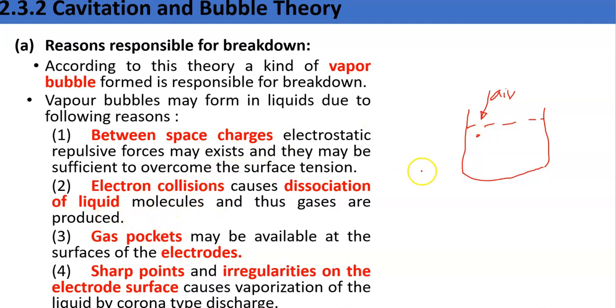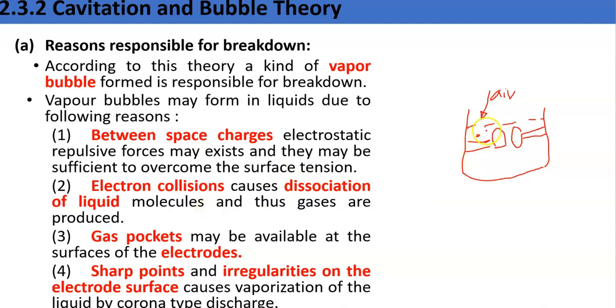Then electron collisions, because you are applying a field here, no? You are applying a very high field here. That is always there. Then electron collisions cause dissociation of liquid molecules and thus gas is produced.